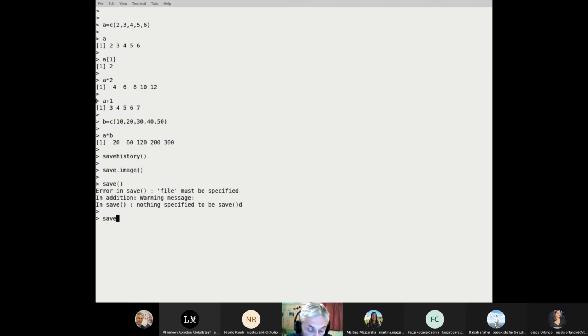A possible solution is to push the tab button twice, and you get a list from R of all the options. So if you still don't remember, you can look for the help of each one. But in this case, I remember that it is save.image, what I need. And then I put a dot here, press the tab button again, and I get the completion of the name of the function automatically. This allows you to save time.